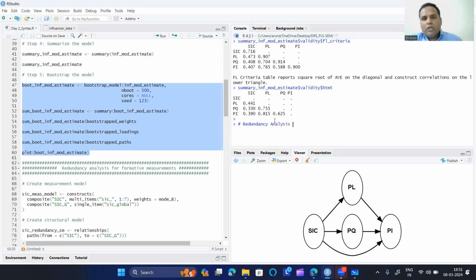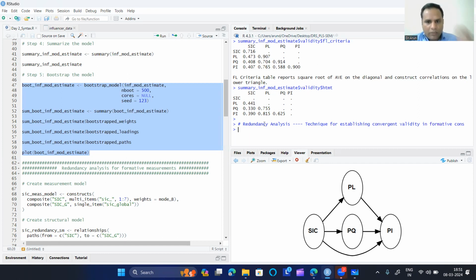So if your construct is measured in a formative way, the technique to establish convergent validity is known as redundancy analysis. Let me write: it's a technique for establishing convergent validity in formative constructs. Yes, okay.